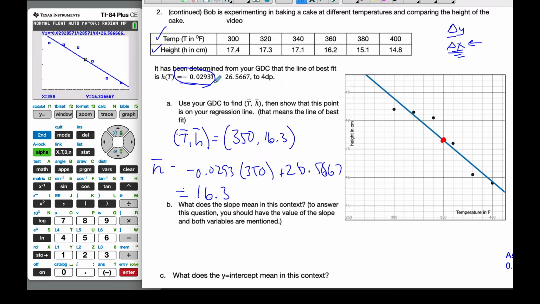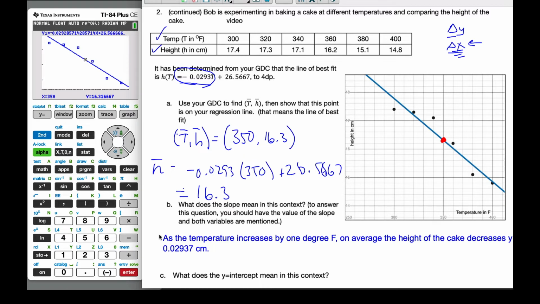0.0293 centimeters. So each degree of Fahrenheit that I set my temperature in the oven, the height of the cake will not get as high. It'll get 0.0293 centimeters less. So as the temperature increases by 1 degree, on average the height of the cake decreases by this.